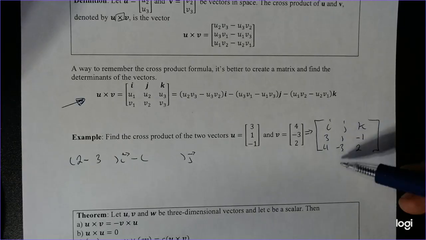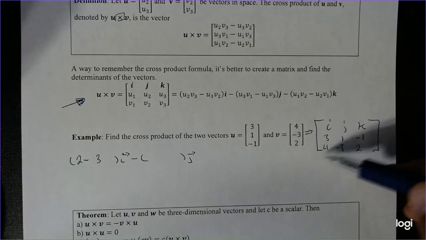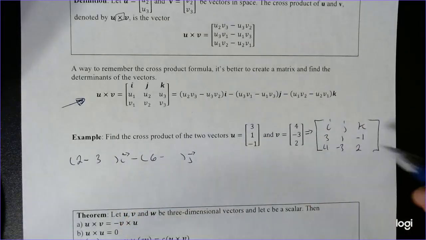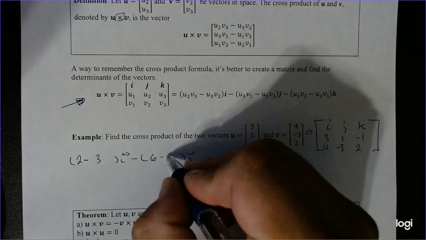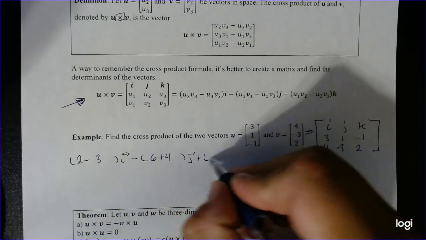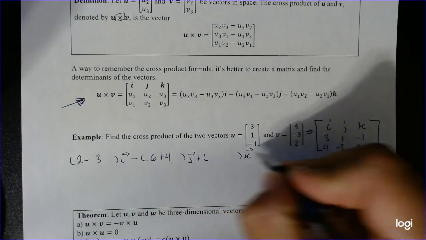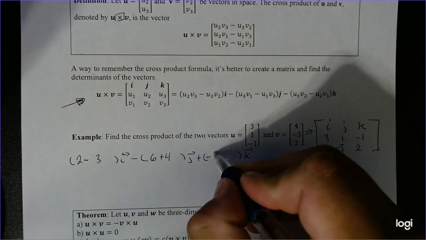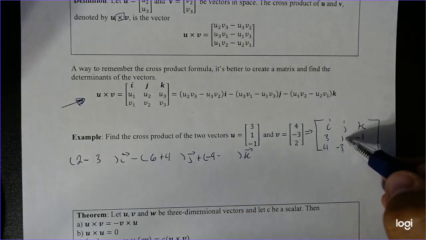Same thing in the middle, so we just cross out the middle and go crisscross. So 3 times 2 is 6, minus 4 times negative 1, so it's negative 4, so it becomes plus. And finally the last one. So this times this is negative 9, minus this times this is 4.